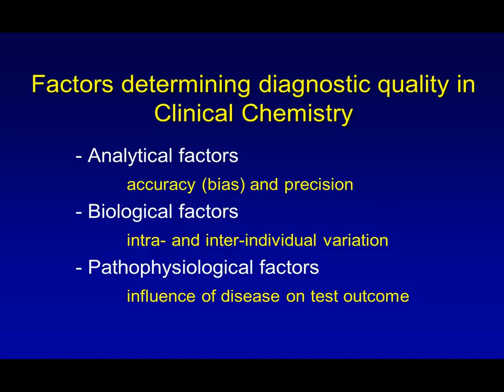Intra-individual variation means the variation within a subject, whereas inter-individual variation means the variation between subjects. And the last one is pathophysiological factors, and that is the influence of the disease on the test outcome. Preferably, there's a huge influence on the test outcome in order to give a good separation between the results of patients and controls.